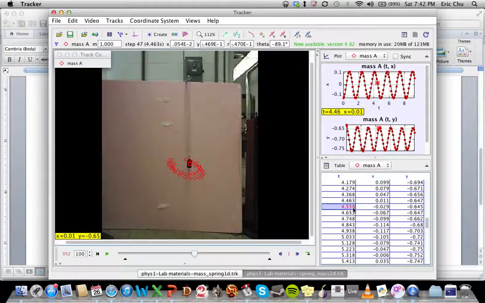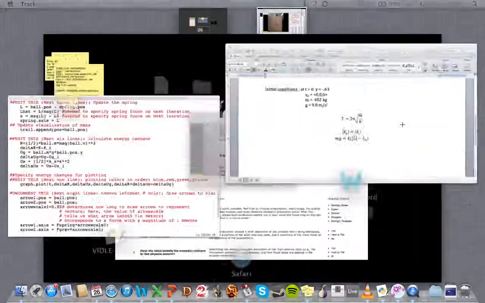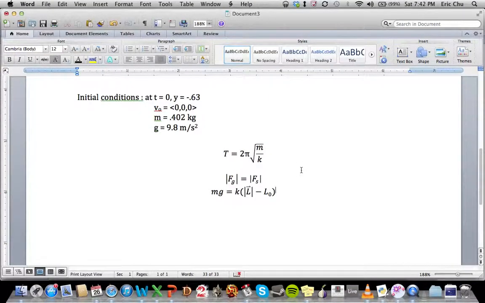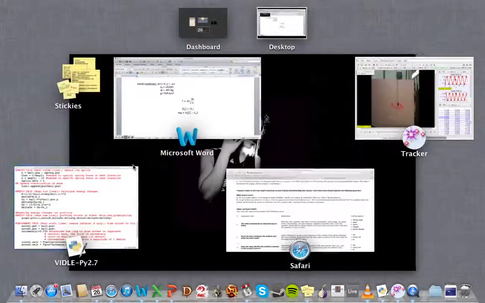We divide this by 3 to get T equals 1.519 seconds for our period of oscillation. Once we find this, we can find K, the spring constant, using this formula, which we found to be 6.878 newtons per meter. And once we find the spring constant, we can find the relaxed length of the spring, L0, which is 0.127 meters.